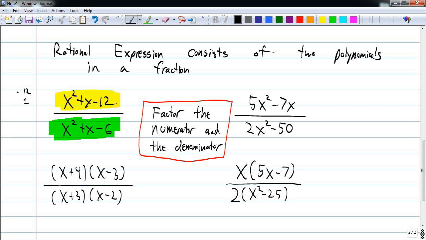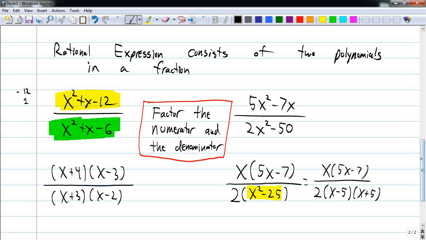And then what's in the parentheses here, I can factor that because that's a difference of 2 squares. So I can factor this out more. Okay, factor it down as much as you can. If you see a GCF, take it out. If you factor once and you see that you could factor some more, factor some more.